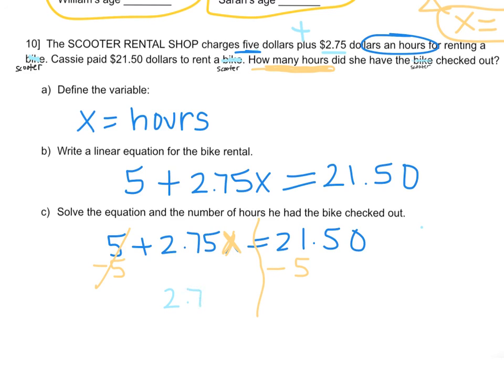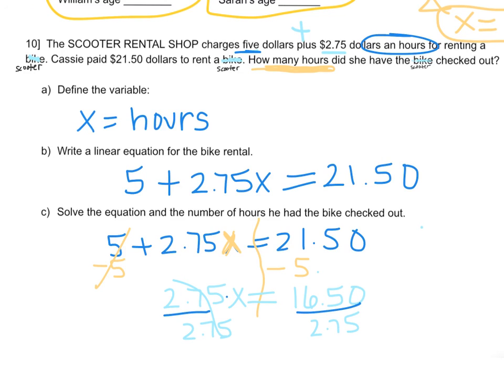Okay, so 2.75x equals, okay, so 21.50 minus 5, that's going to be 16.50. And now let's do that final step. So we're going to divide both sides by 2.75 to isolate the variable or to get x by itself.